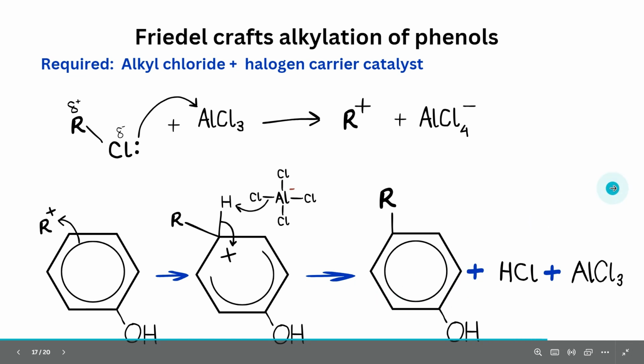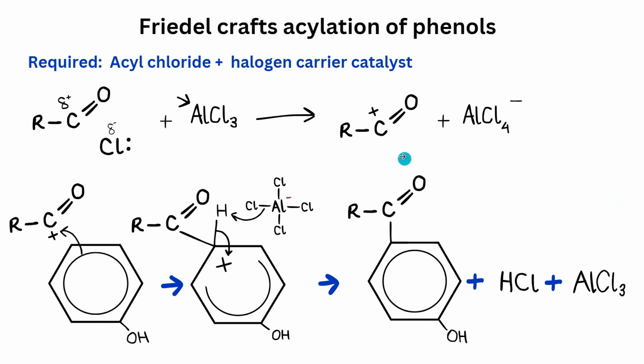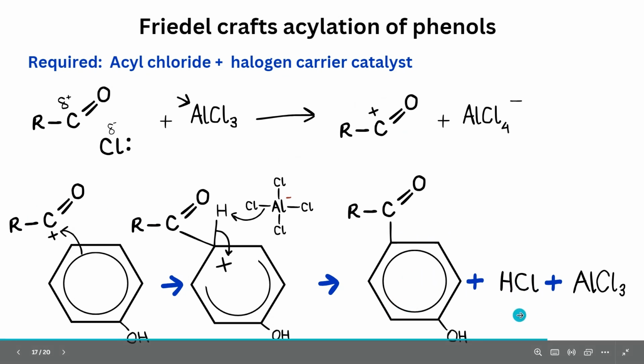The same thing happens in acylation. Okay, I think I missed the arrow here. There's a bond between C and Cl here, and there is this curly arrow from Cl to AlCl3, and we generate our electrophile, and the electrophile then goes to electrophilic substitution, and we form HCl, AlCl3, and this thing right over here.